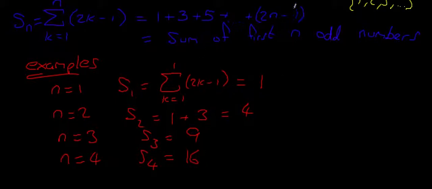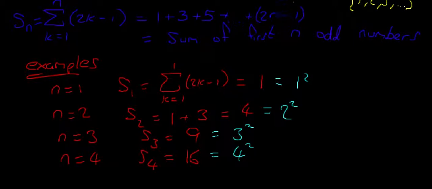Okay, so maybe you've noticed now that these are not random numbers. These are in fact the square numbers. So this is 1 squared. This is 2 squared. This is 3 squared. This is 4 squared. This looks interesting. So it looks like, I guess we've got this hypothesis now. That's right, hypothesis.